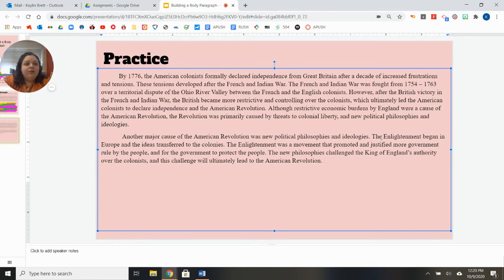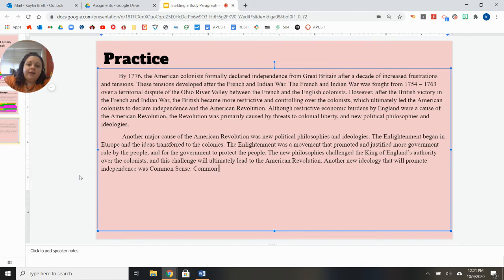And we can definitely use another new ideology that will promote independence. That was Common Sense, right? Common Sense totally changed people's attitudes and ideas about the king. So again, we're asserting that Common Sense is going to promote independence, that Common Sense is going to cause independence. But now we have to define Common Sense.